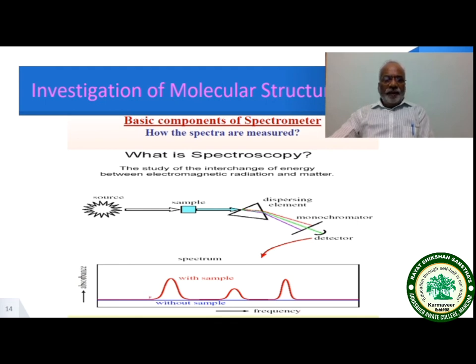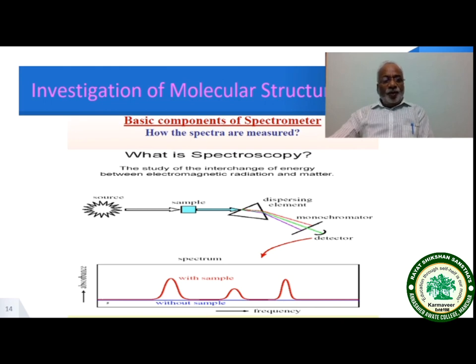So you will find here the red line, shown as a spectrum, which shows three peaks corresponding to three different specific functional groups or three different specific atoms in that molecule. Now the blue line is also shown, which is the baseline.